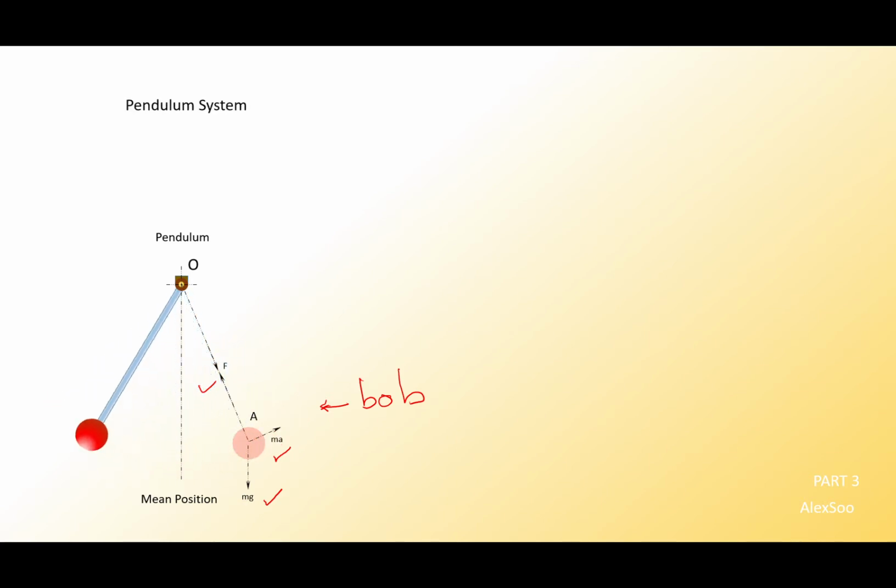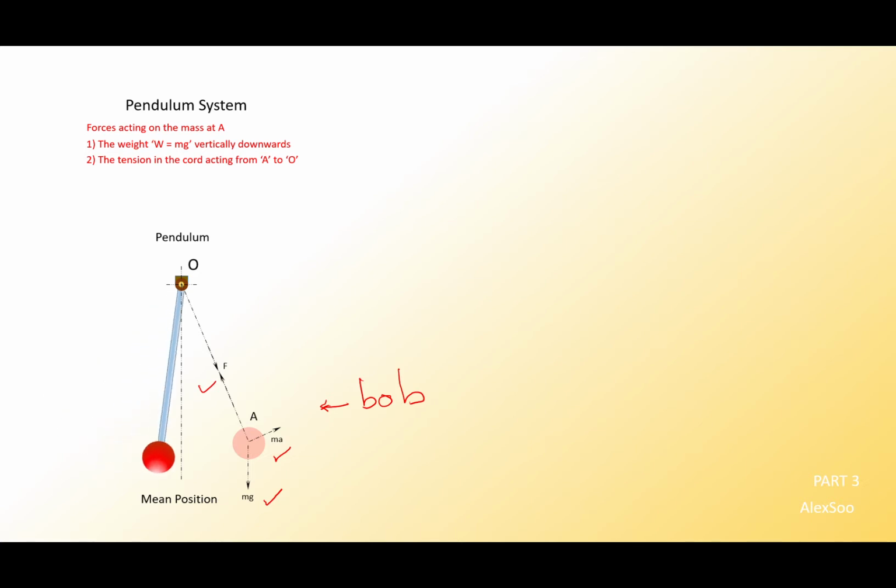So on the pendulum system, the forces acting at A are: first, the weight, which is always acting vertically downwards.